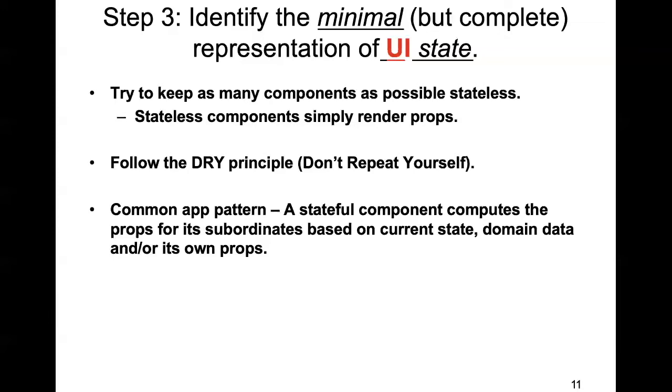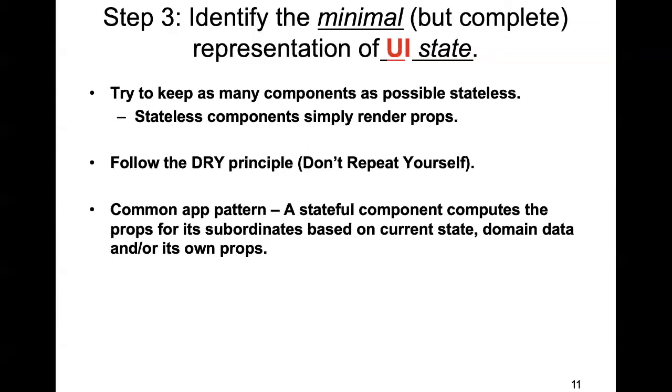So now we're moving on to step 3, where we start thinking about state. Now, in step 3, all we're really interested in is identifying where there is state within our UI. We're not actually concerned yet with deciding which components are stateful and stateless. But I'm also saying there in the title that we want to identify the minimal but complete representation of UI state.